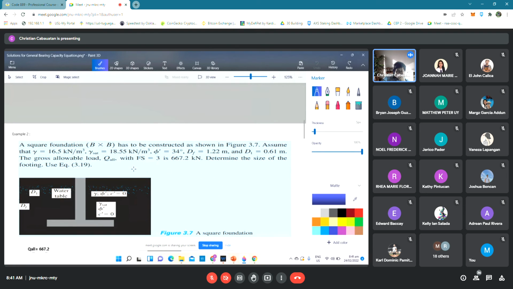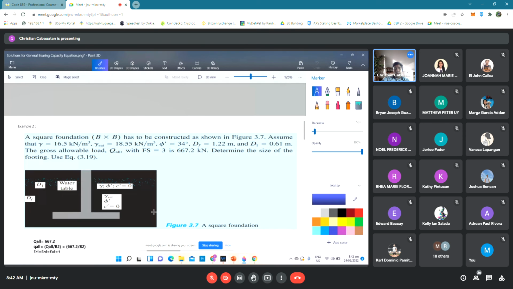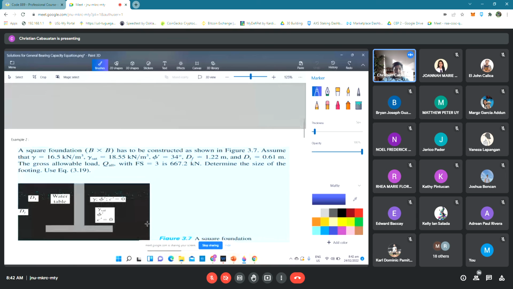The gamma there is also 16.5, and the depth of D1, which is 0.61, and the gross allowable load, which is 667.2 kilonewton, with its factor of safety 3. So, let's check. 34 degrees ang kanilang friction angle.